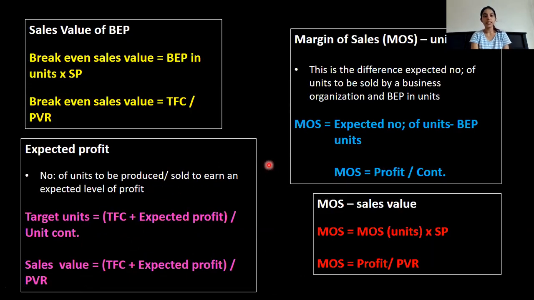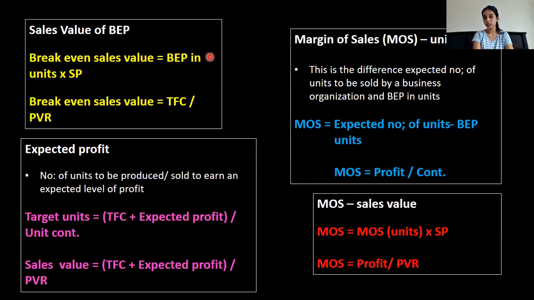Then let's focus on the sales value of BEP. A while ago we understood how to calculate the break-even point in units. So what is the sales value of these units? That is what we are calculating under sales value of break-even point. Break-even sales value equals break-even point in units into selling price.